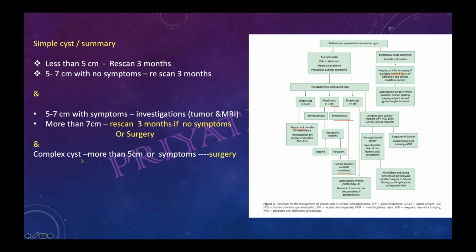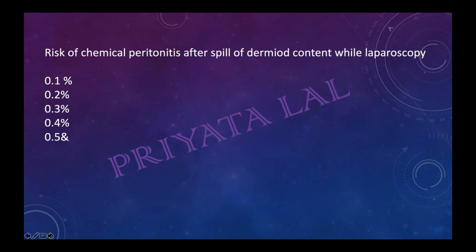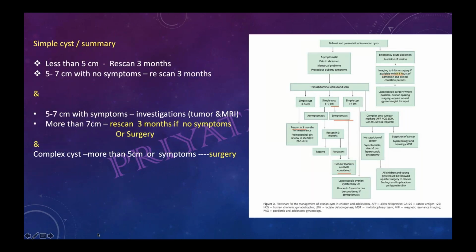Similarly, for a complex cyst, do your tumor markers, and if it is more than 5 centimeters and they have symptoms, you have to go for surgery. Cancer suspicion, always onco-MDT. So this is the sum-up to manage an adolescent coming with a simple cyst, complex cyst, or cancer. So any question till now?